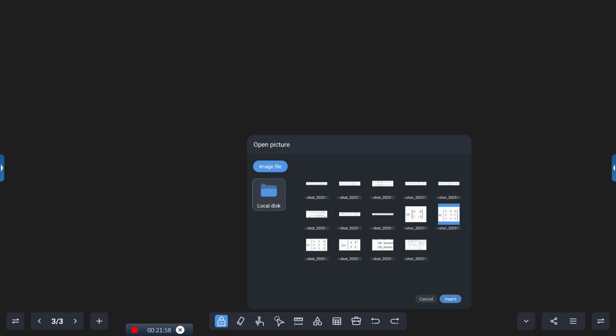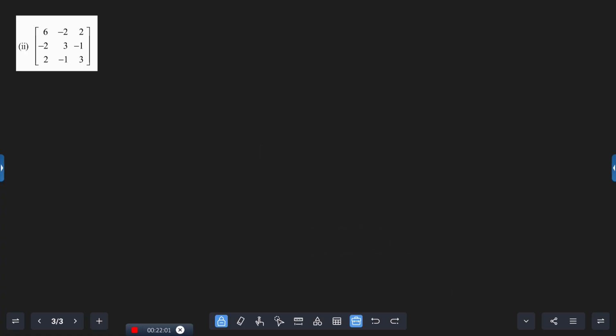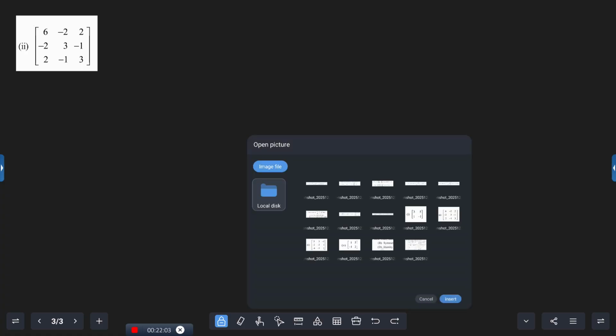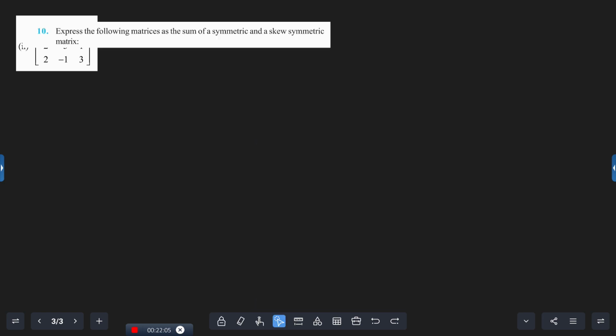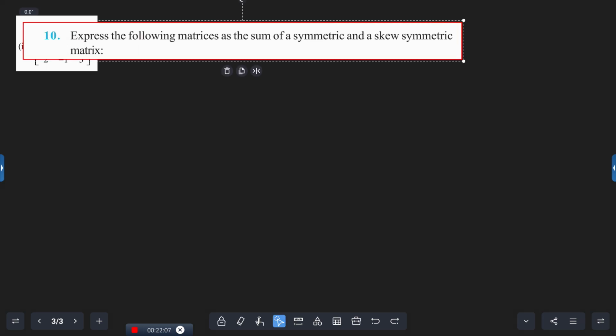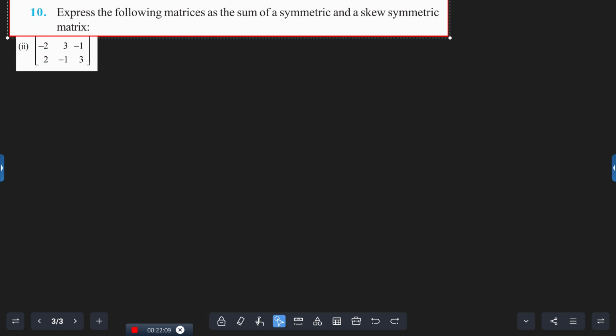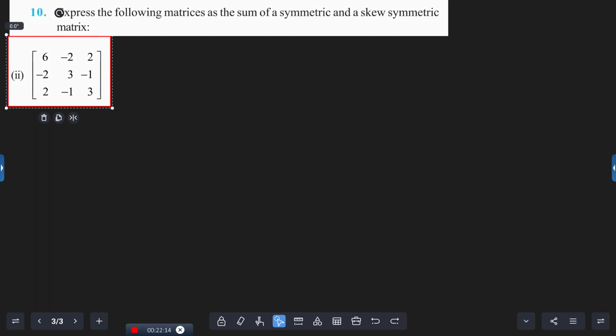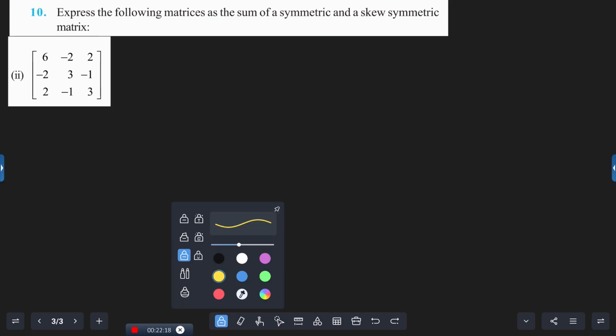Same 10th, Roman second subdivision we have to go. Listen, so this is given.